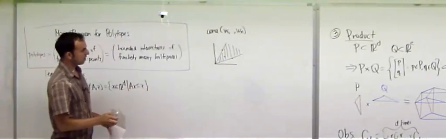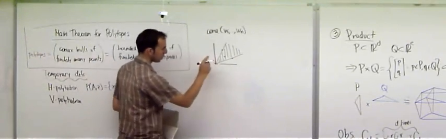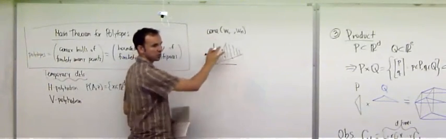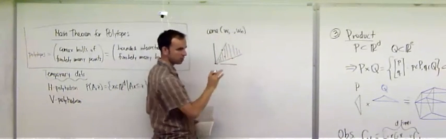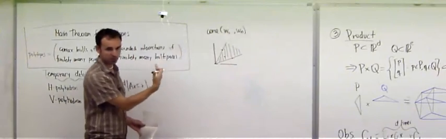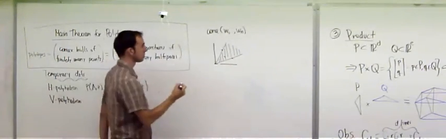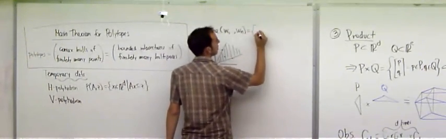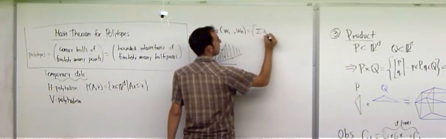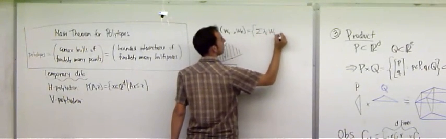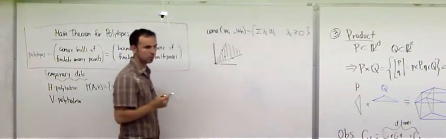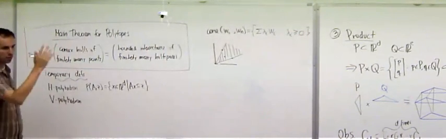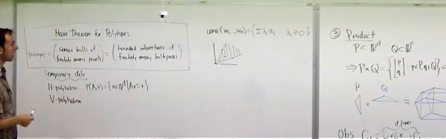And what is that? Well, if you look at this ray of the cone, it's the positive multiples of W1. These are the positive multiples of W2. Basically, we're allowed to take positive multiples of each one of our vectors and then add them up. So this is just everything that we can write in the form sum of lambda_i W_i, where the lambda_i's are greater than or equal to 0. Okay? And they don't need to add up to 1. They could be any non-negative numbers. Okay, so that's a cone.